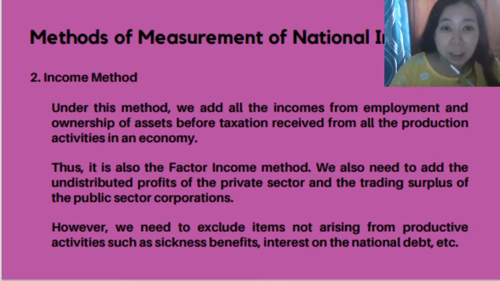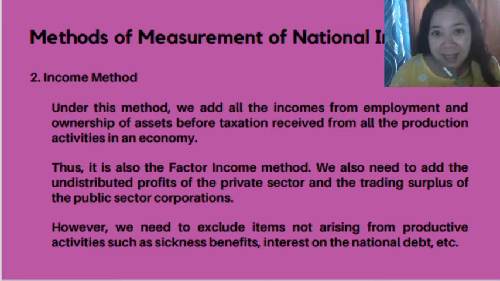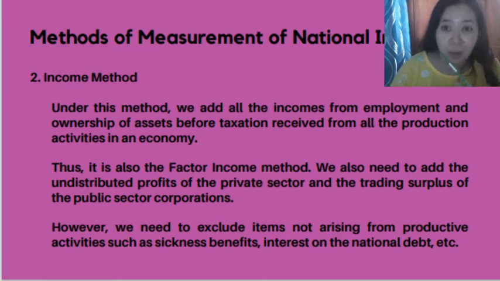So we will exclude those items such as sickness benefits, interest on the national debt, and the like. So again, in this method, we add all the income from the employment and ownership of assets before tax. So this is how we measure the national income using the income method.